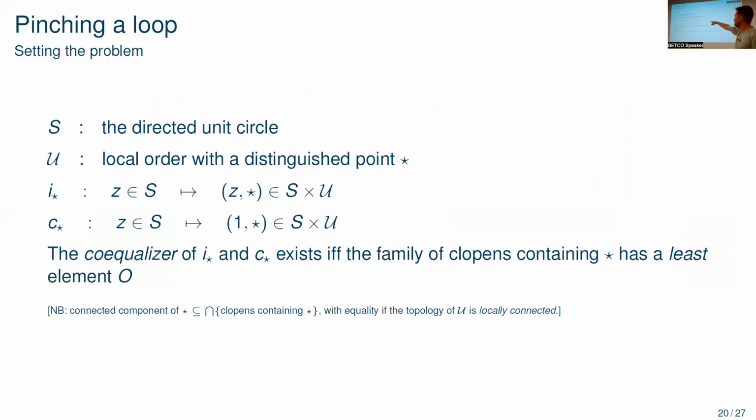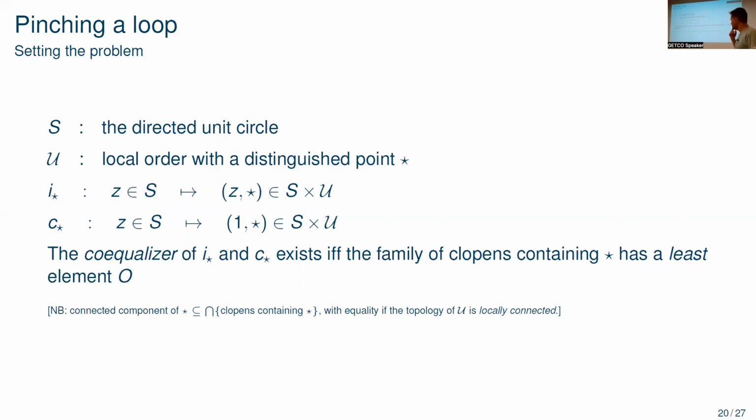Okay, so it is the abstract definition of what I've just described. The map E just wants to send every element of the circle to the basis of the cylinder, and the map C sends every element of the circle to just one point. And you want to make these two maps coequalized.